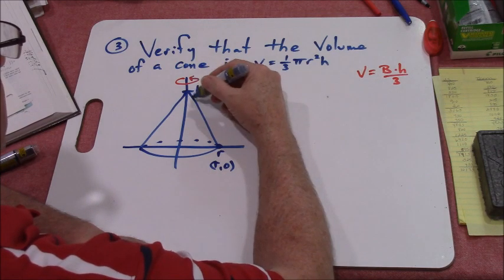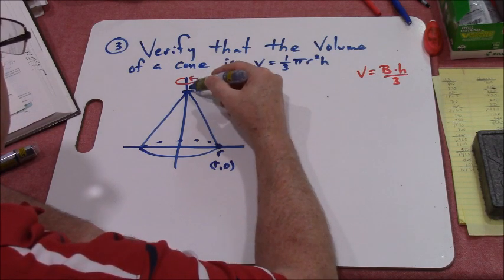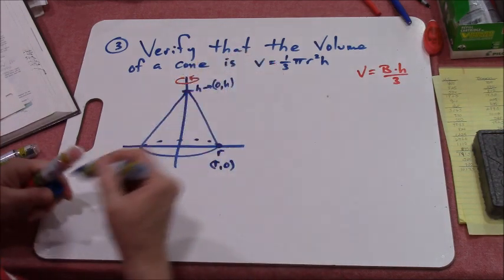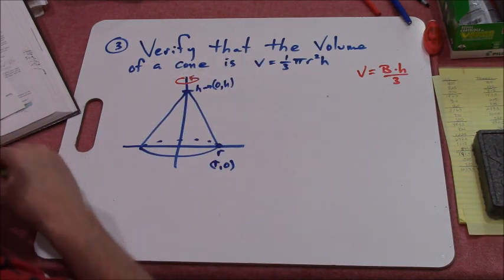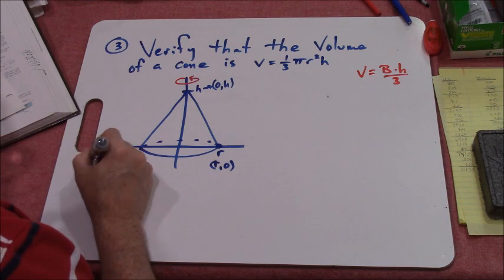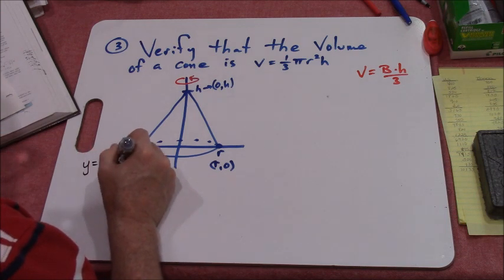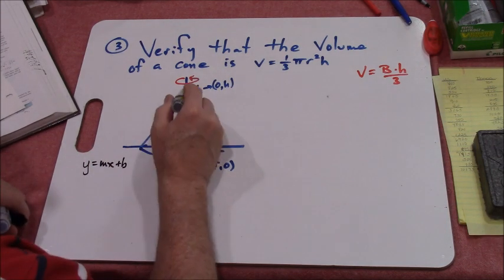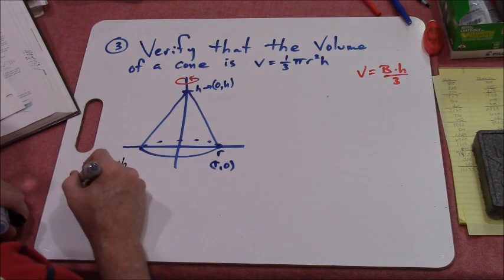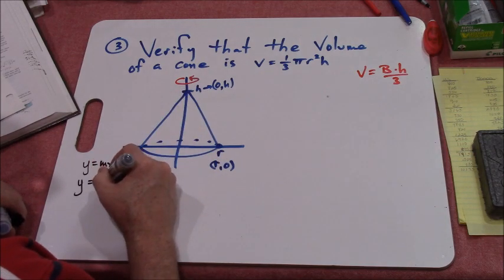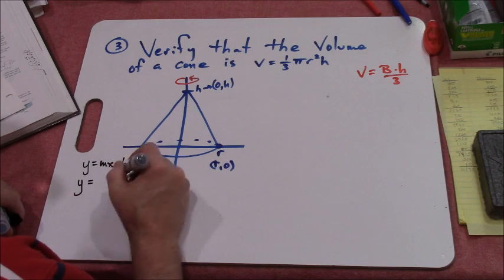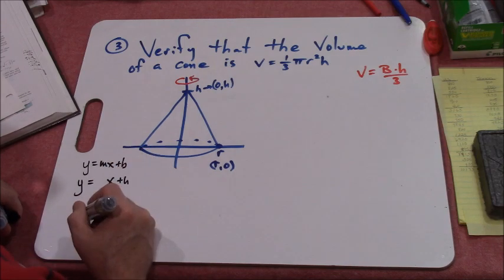Well, it's just a straight line. It's got a y-intercept of h, so I'm going to think down here y equals mx plus b. My y-intercept is just that h value, so y equals something times x plus h.